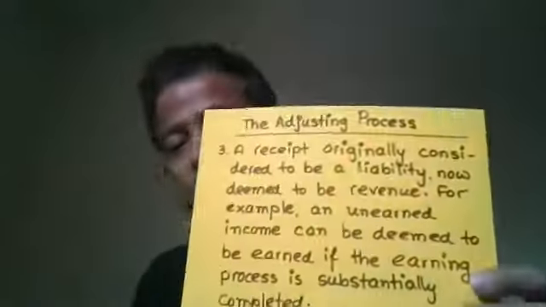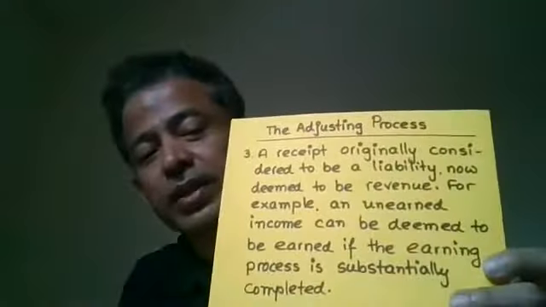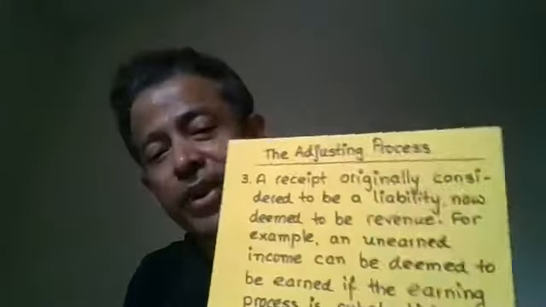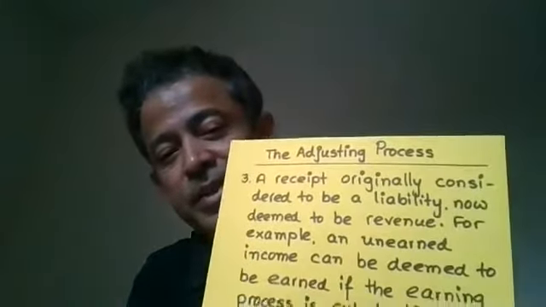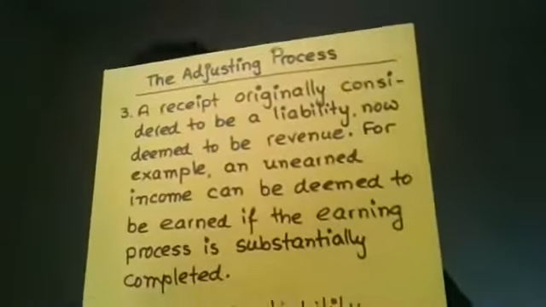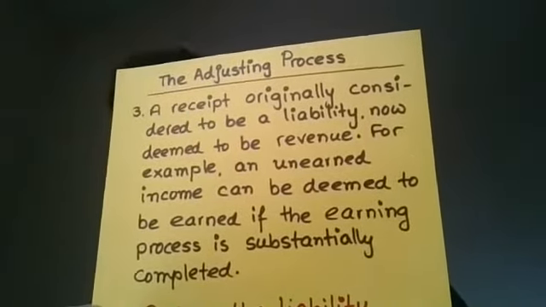Then the third category is a receipt that was originally considered a liability, now deemed to be a revenue. So read it carefully. A receipt of money that was originally considered a liability, like unearned fees or unearned revenue, has now become income, meaning it has now been earned.